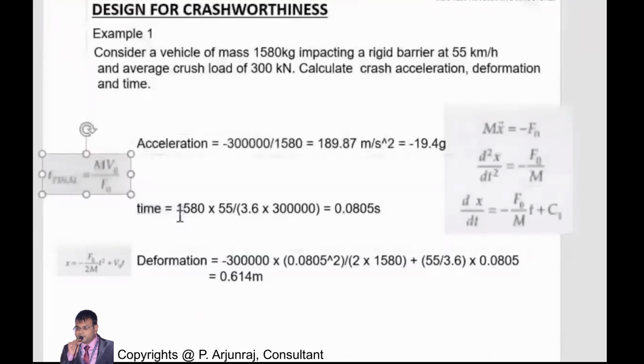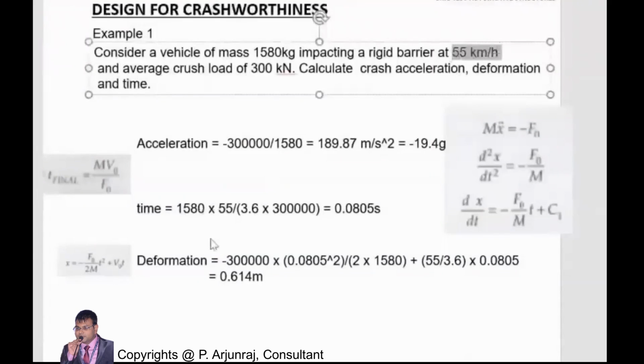So you see here mass is nothing but 1580. What is the velocity here? Velocity is going to be 55 kilometer per hour, and you need to convert this into meter per second, so you divide by 3.6. And you already have 300 times 10 power 3 Newton.